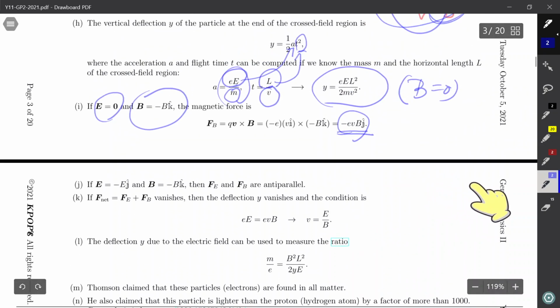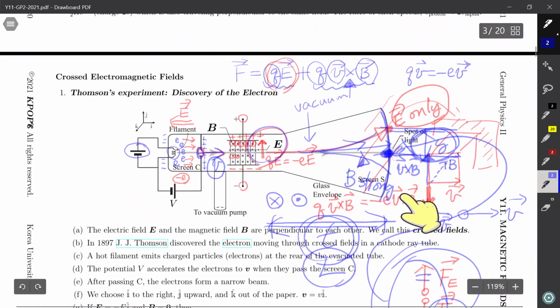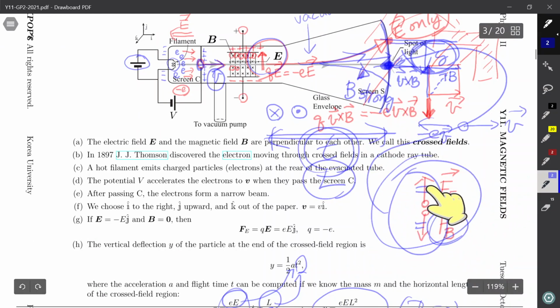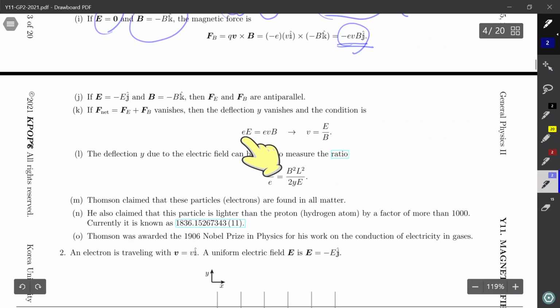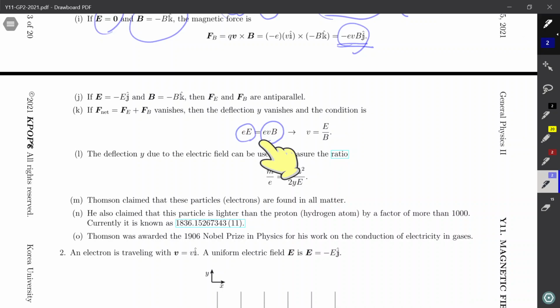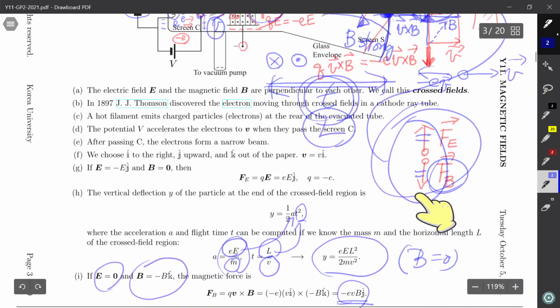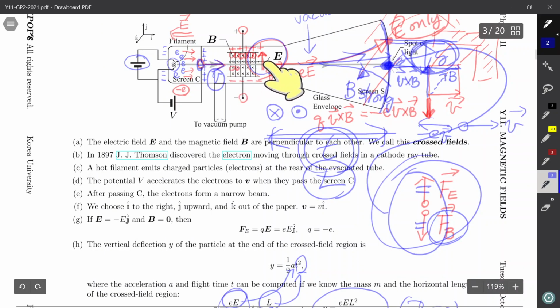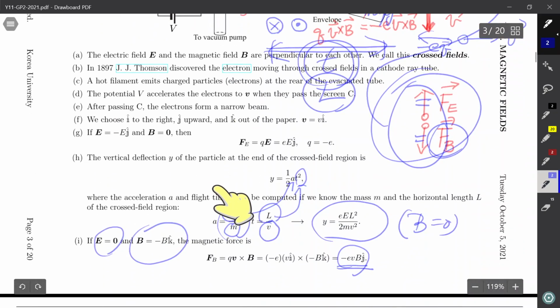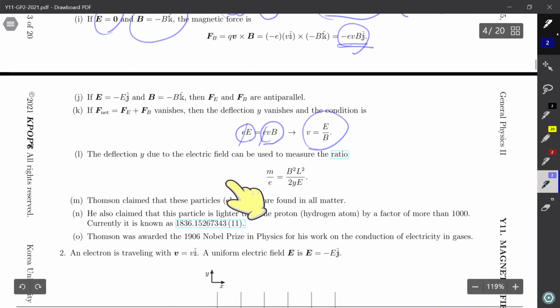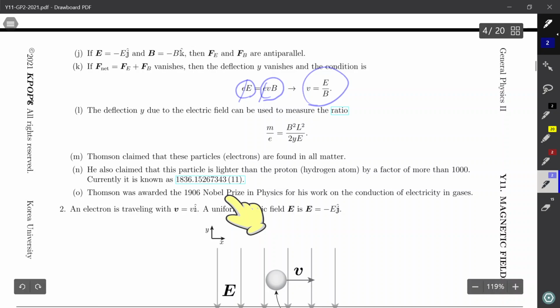Finally, when there is no deflection because of the cancellation of electric force and magnetic force, we have a constant equation, eE equals eVB. eE cancels, and we have velocity. What is the velocity? The initial velocity when it comes to the cross field. Velocity is the electric field over the magnetic field.